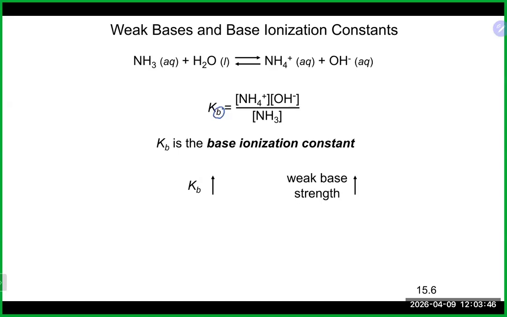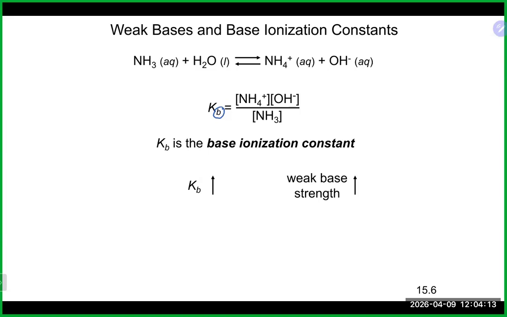Since this is a weak base, this is a Kb value, B for base, and it's the ionization constant for a weak base. Much like acids, a strong base will not have a Kb value because, again, they will not set up an equilibrium. So if you see a Kb, you should know it is a weak base, and also that you should probably be doing an ice table to do your calculation.